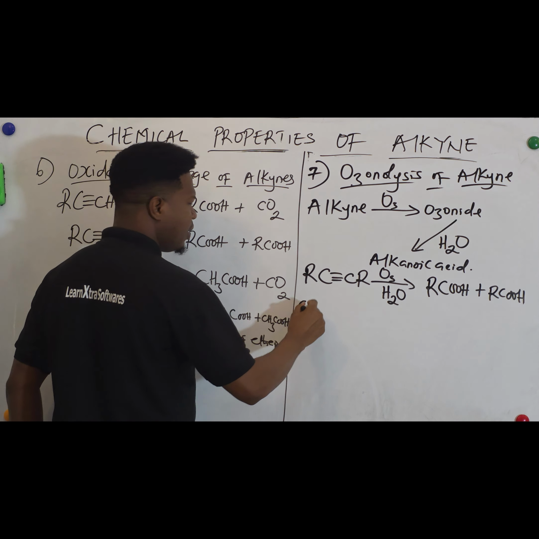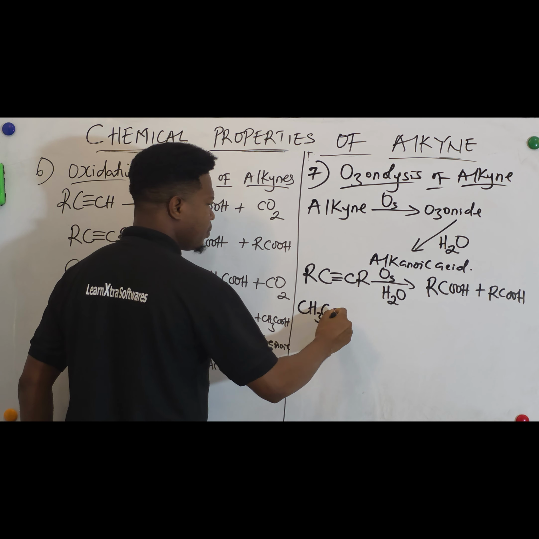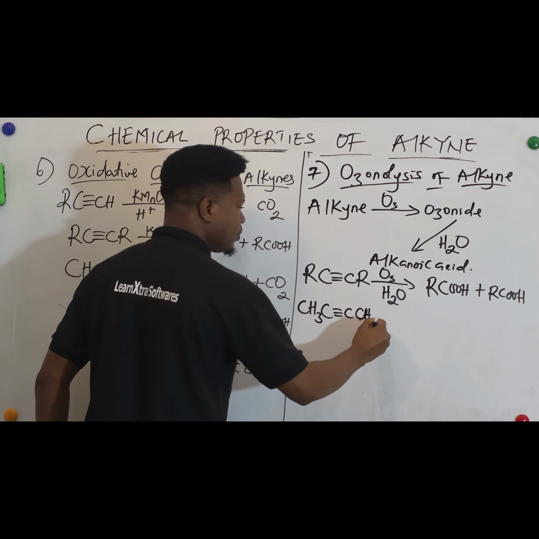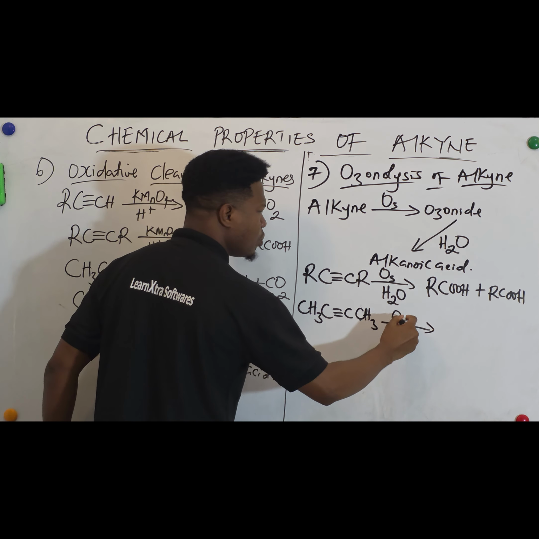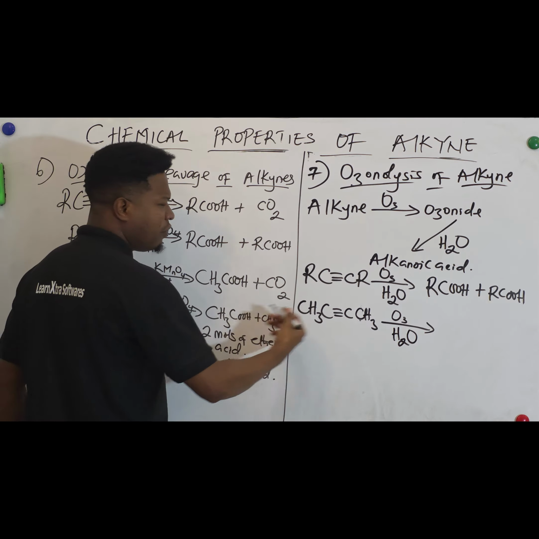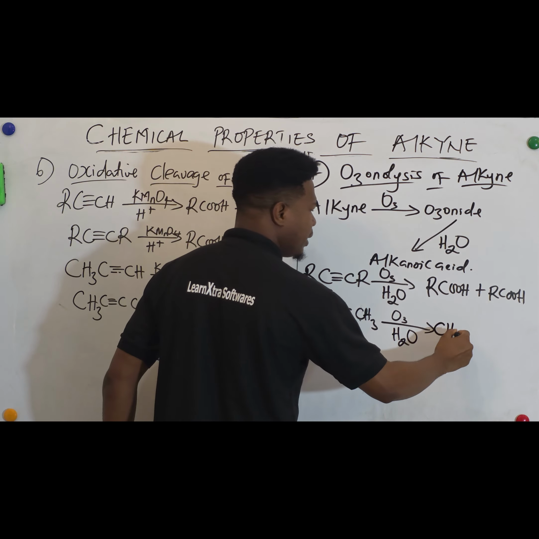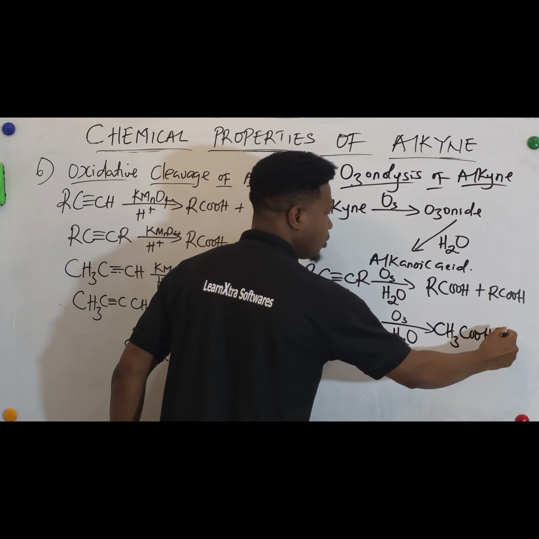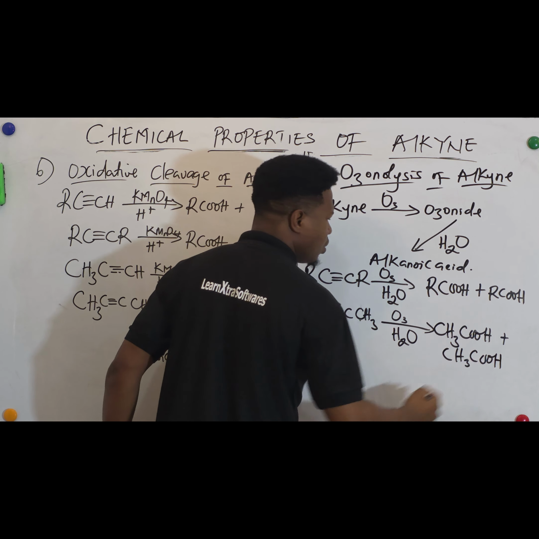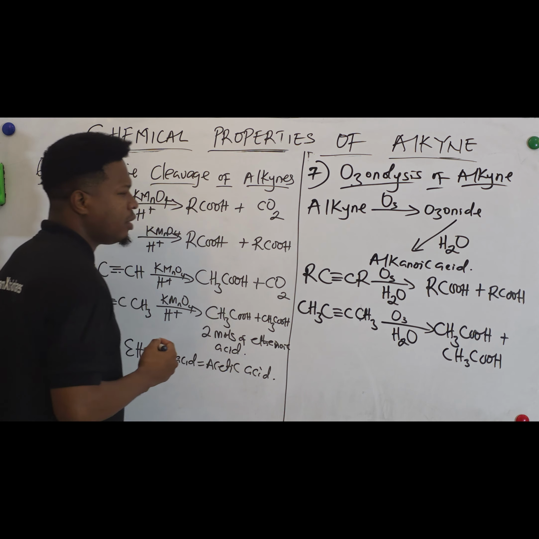If I have something like this, and we are reacting with ozone and water, this reaction will definitely give us ethanoic acid plus another ethanoic acid, because it's going to give us 2 moles. So 2 moles of ethanoic acid is produced.